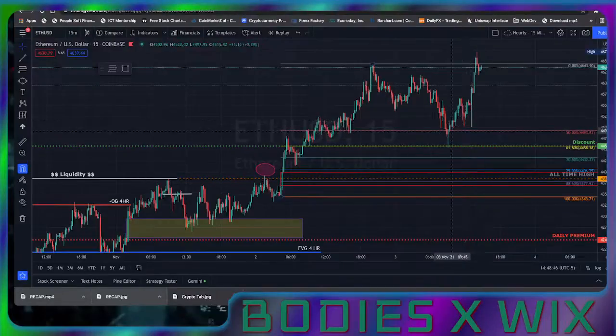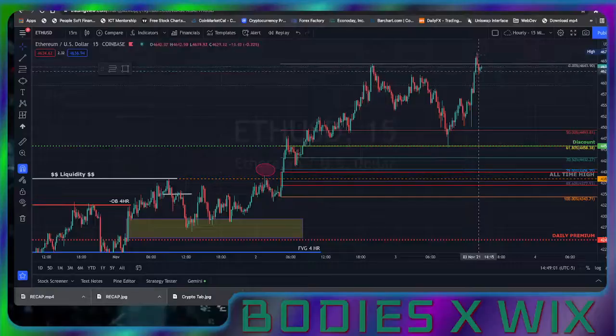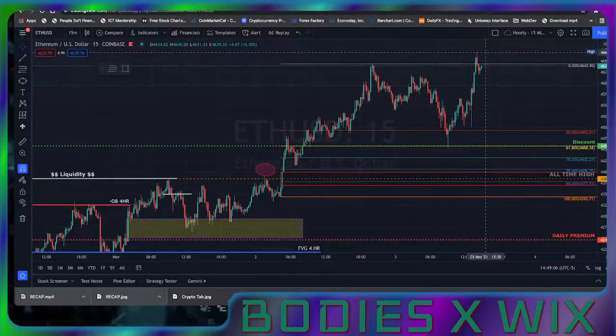What it could do is drive down even lower into the discount. That's fine. Add another position, buy more, because then it's going to come out of it. And that's what it's done. And we've created another high today. It's just been high after high after high on Ethereum. It's been absolutely nuts. It's been awesome.